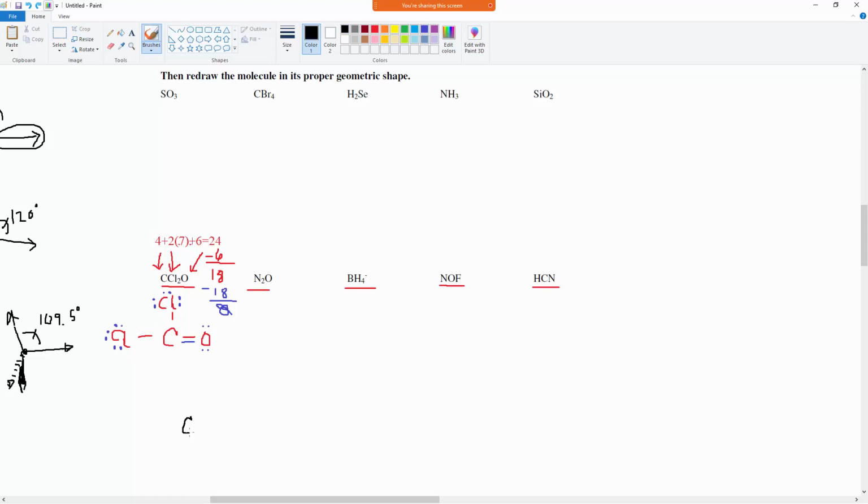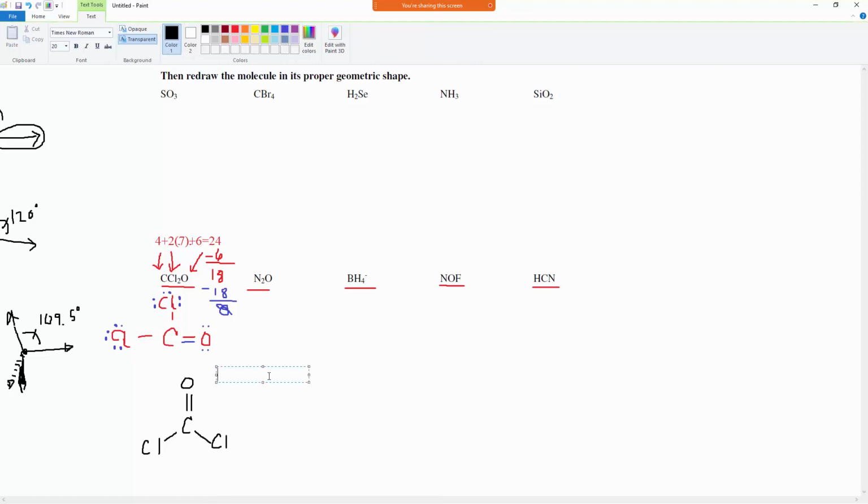So now I can redraw it and say, like they're pointing to the corners of a triangle, put the O on top just for aesthetics, because we like symmetry, right? As a species, symmetry is nice. And we can say this is 3 electron sets. We have trigonal planar electronic geometry, and we have trigonal planar molecular geometry.